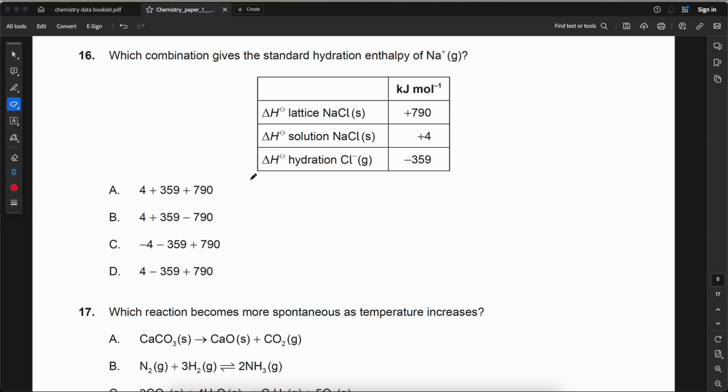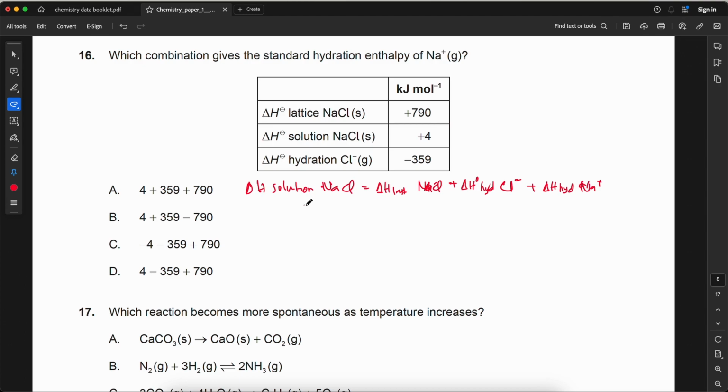To calculate the hydration enthalpy of Na plus, the formula would be: enthalpy of solution of NaCl equal to lattice enthalpy of NaCl plus hydration enthalpy of Cl minus plus hydration enthalpy of Na plus. So this is the question.